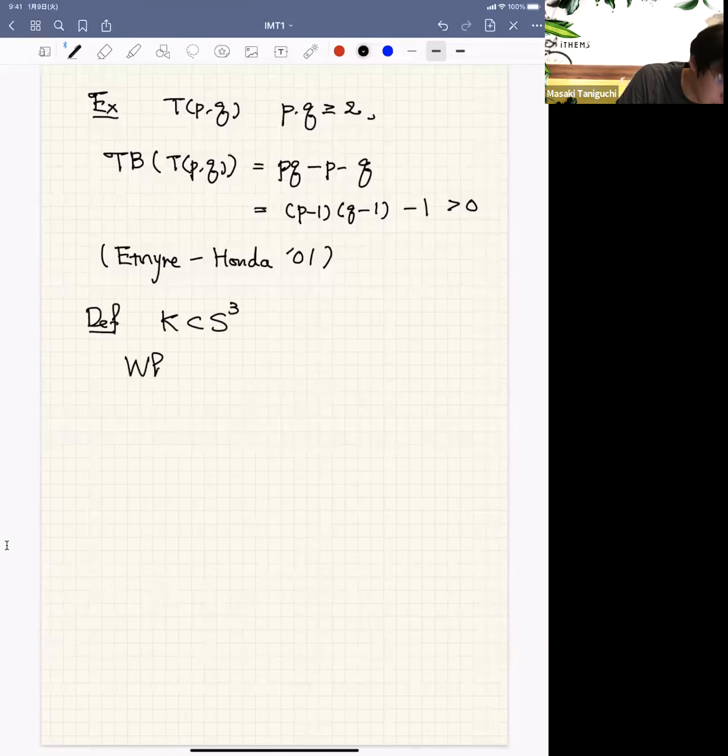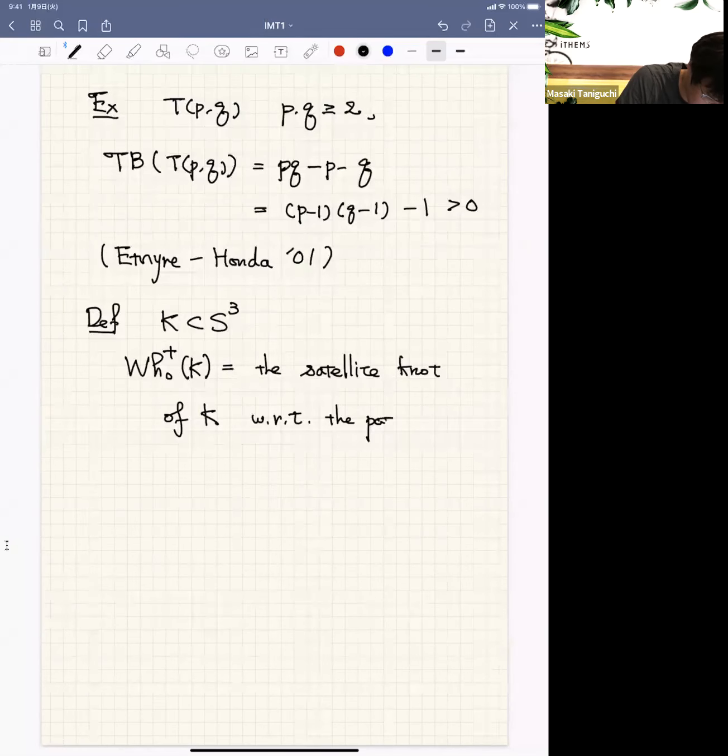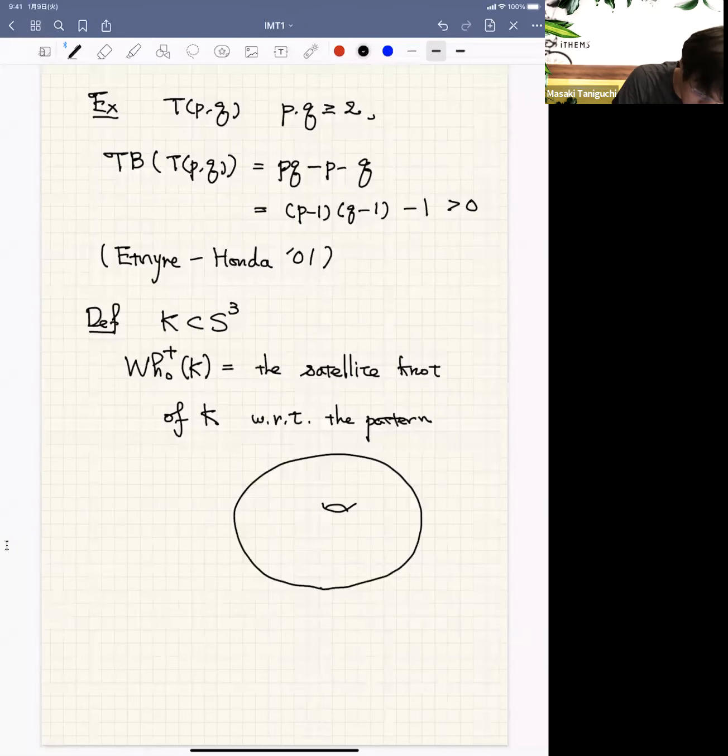What is the Whitehead double? The Whitehead double is the satellite knot of K with respect to the pattern given in this way.